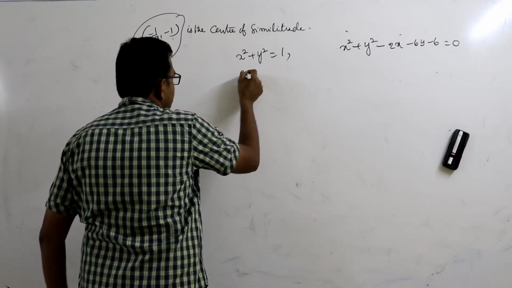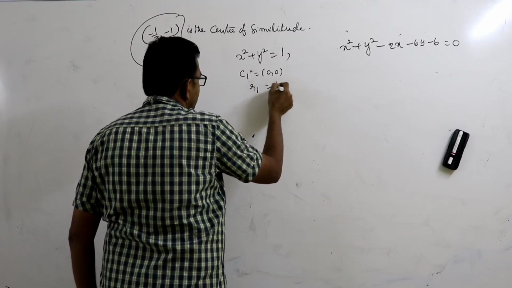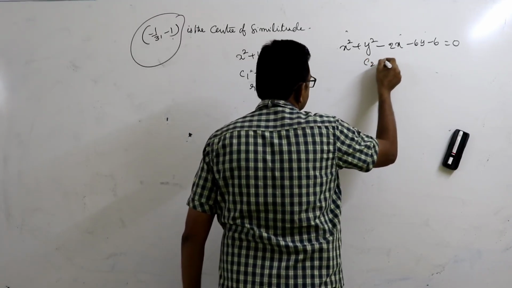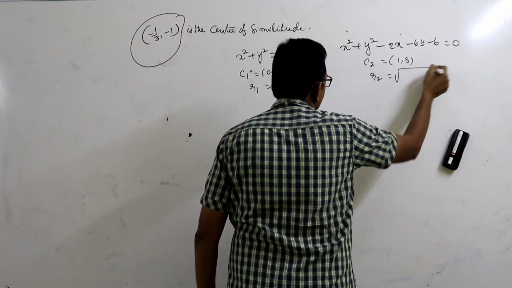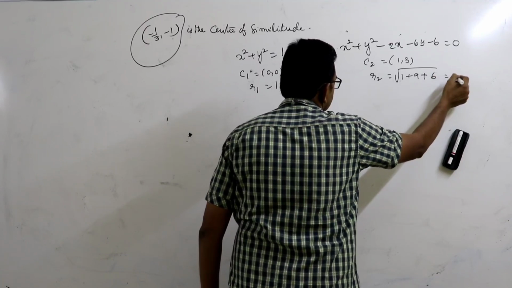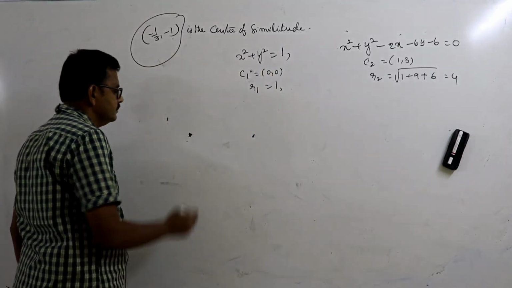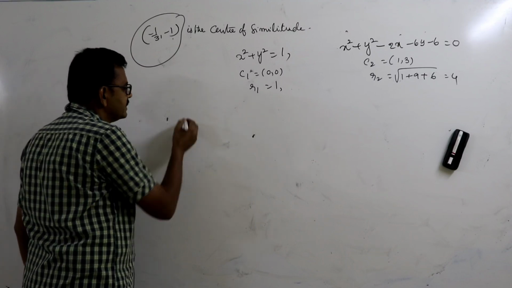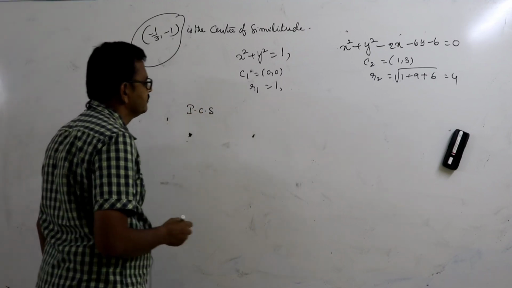For this circle, center C1 is (0, 0), radius R1 equal to 1. Center of circle C2 is (1, 3), radius R2 equal to root of 1 plus 9 plus 6, that is equal to 4. Now I am finding first the internal center of similitude.